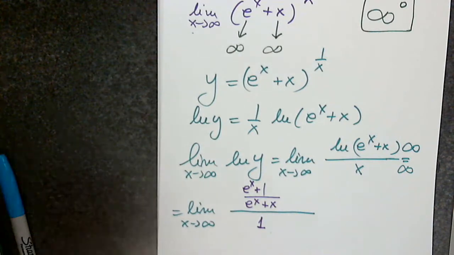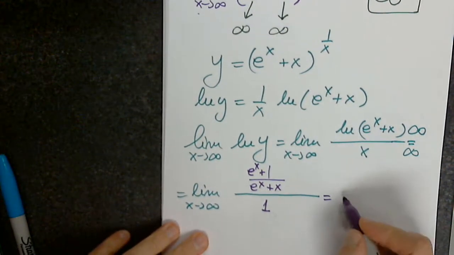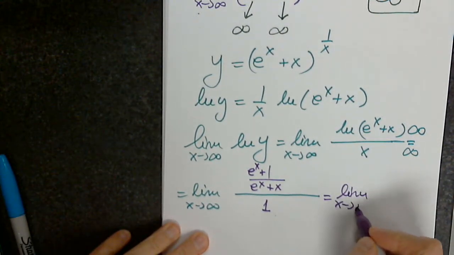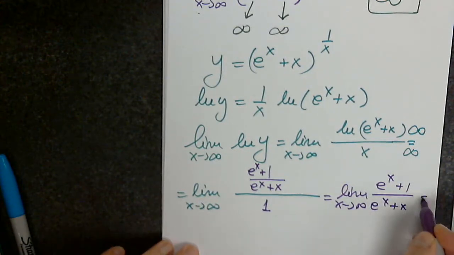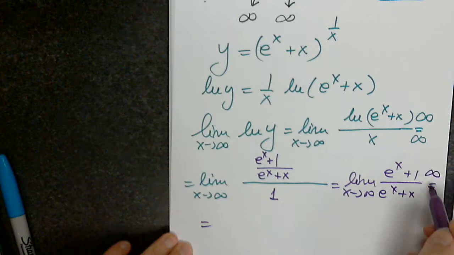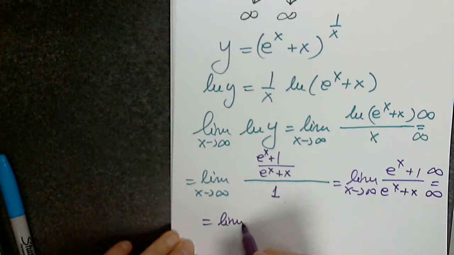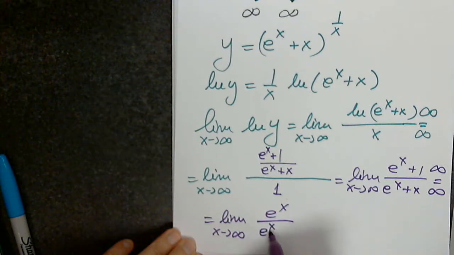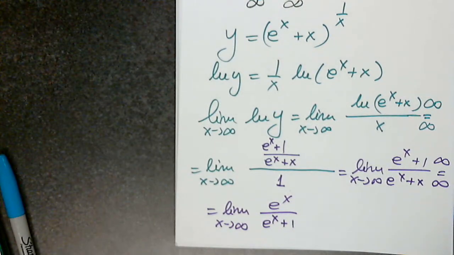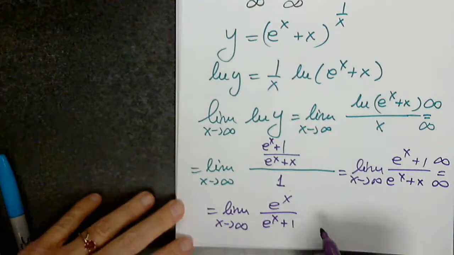But this is another situation in which I have infinity over infinity. Not a problem, not a difficult situation. Still infinity over infinity. So then I have the limit as x approaches infinity of e to the x over e to the x plus 1. I have infinity over infinity again.